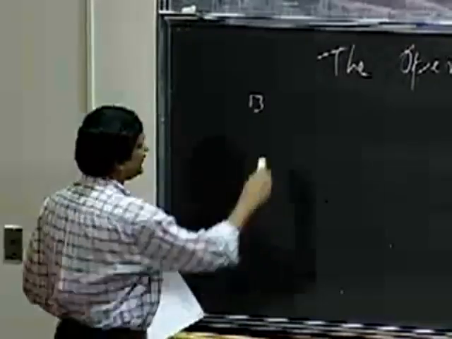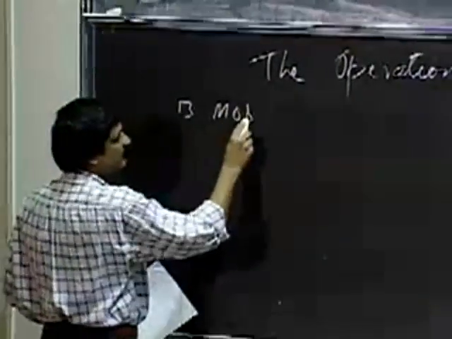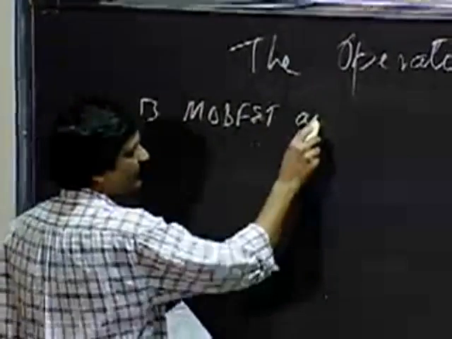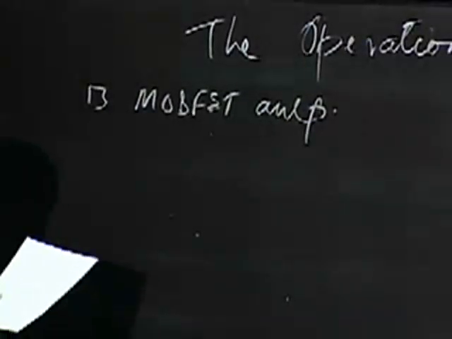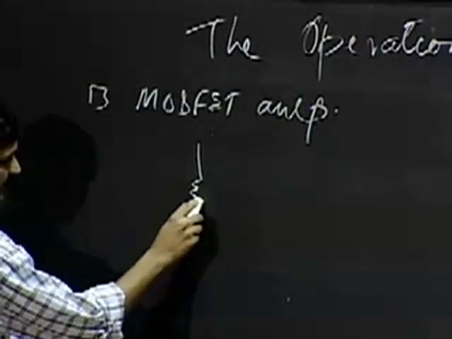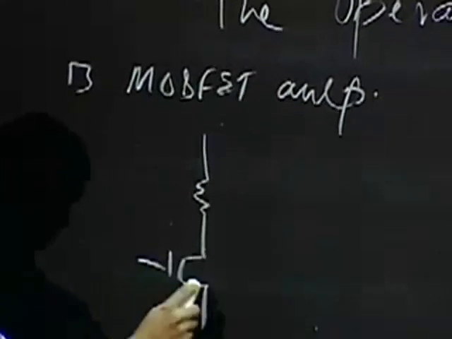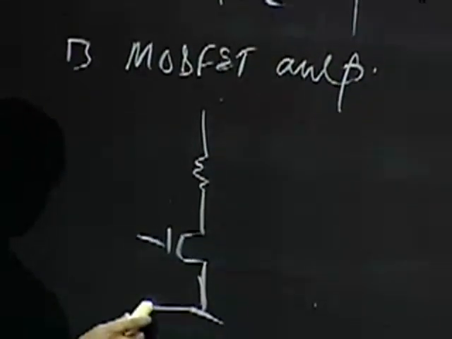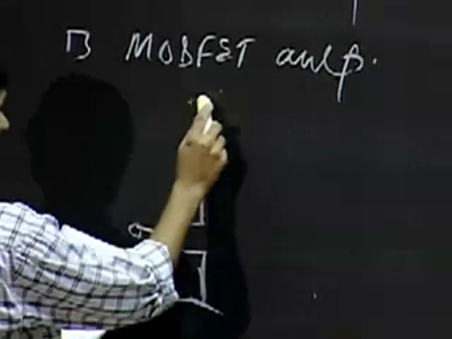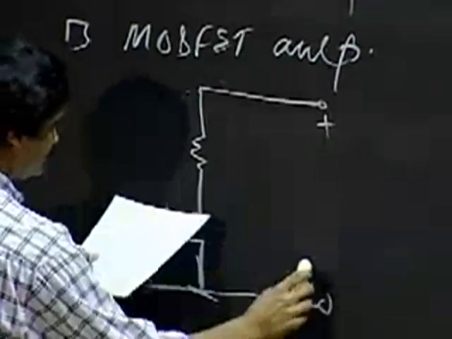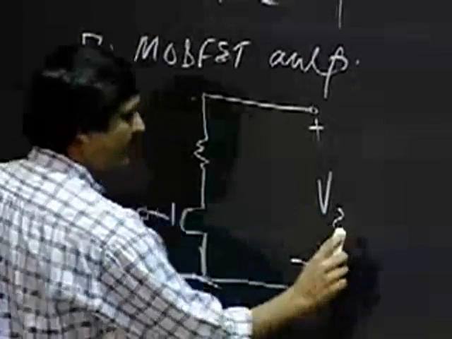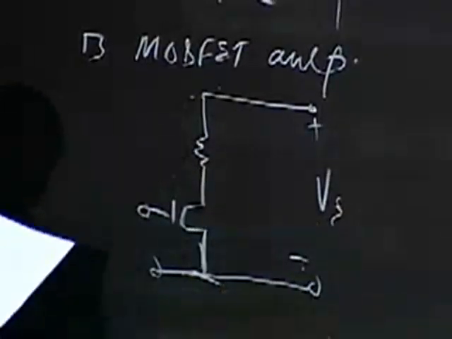So you know about the MOSFET amplifier. So the MOSFET amplifier that you know about looked like this. So it's based on a MOSFET. There's a VS supply.